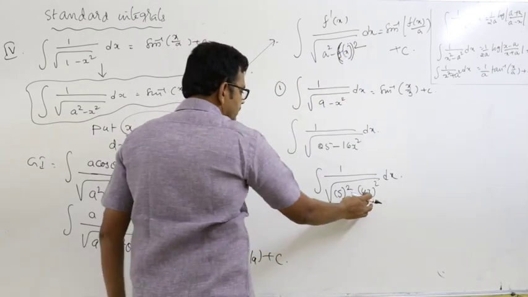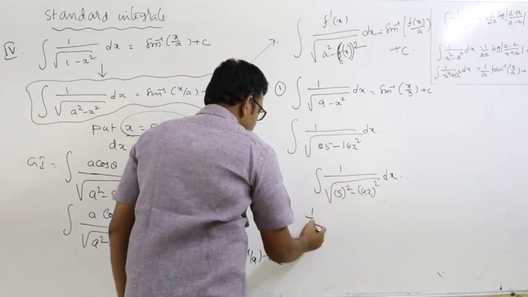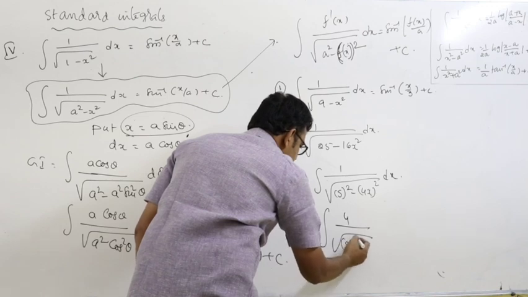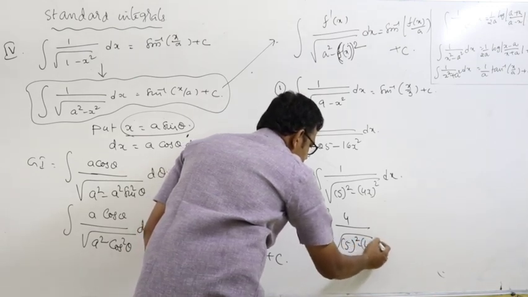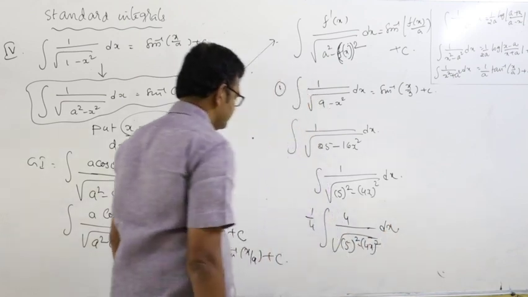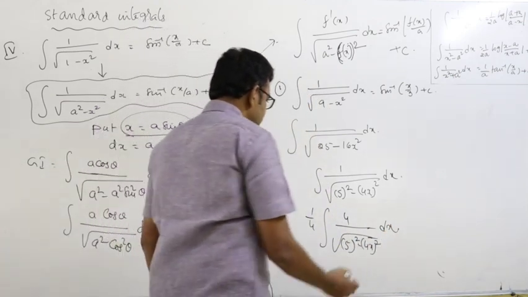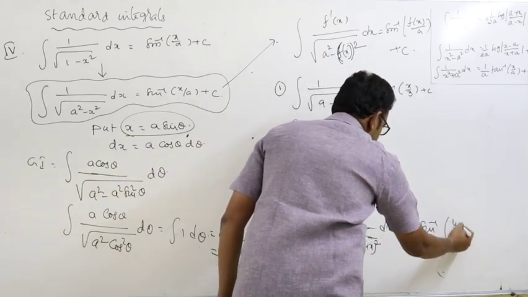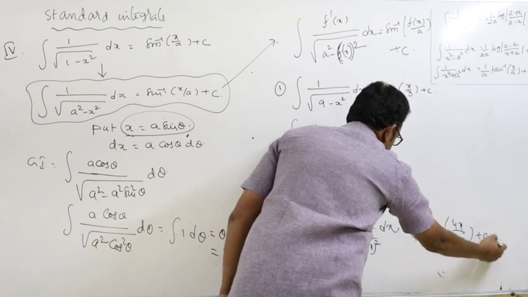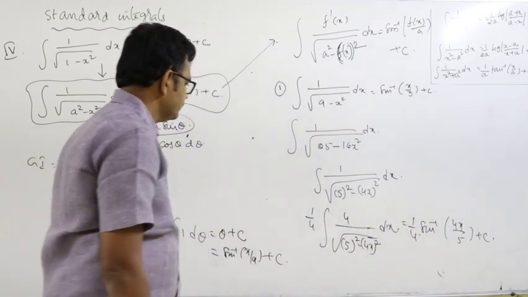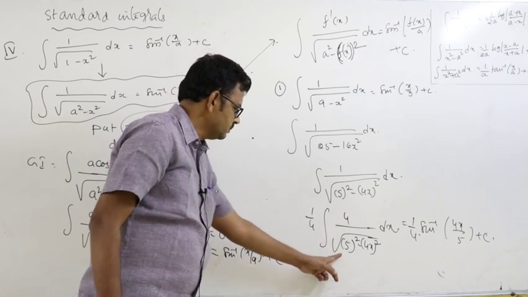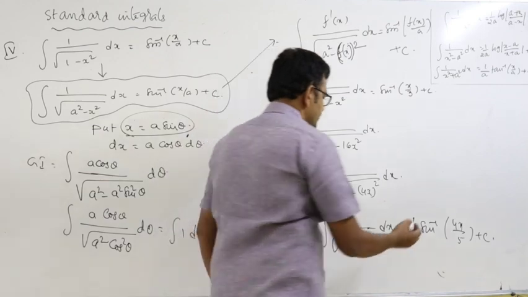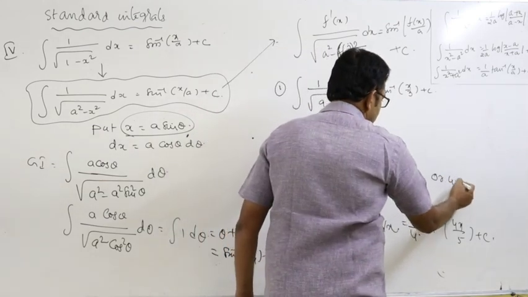So, 4x derivative is what? 4. So, you write 1 by 4 integral 4 by root of 5 square minus 4x whole square dx. So, this is 1 by 4 into sin inverse of 4x by 5 plus c. Or you write 4x equal to t.